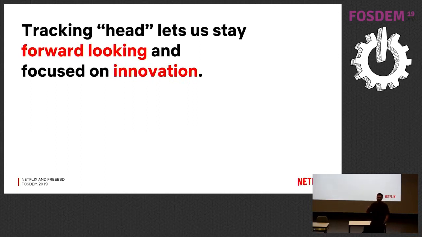Likewise, when you get the new merges from upstream, sometimes you have to redevelop your features because the APIs have changed or data structures have changed, and all of a sudden the code you had doesn't work anymore. But by tracking head, we're able to stay very close to what's going on in the upstream development community, and instead of continually redeveloping the stuff we've already done, we can just work on developing new things that will benefit us and hopefully benefit other FreeBSD users as well.